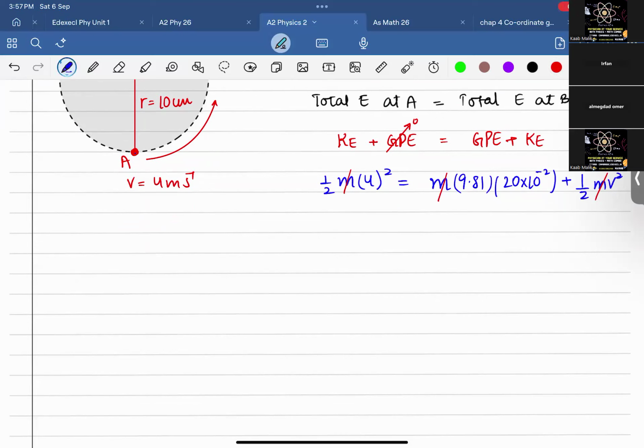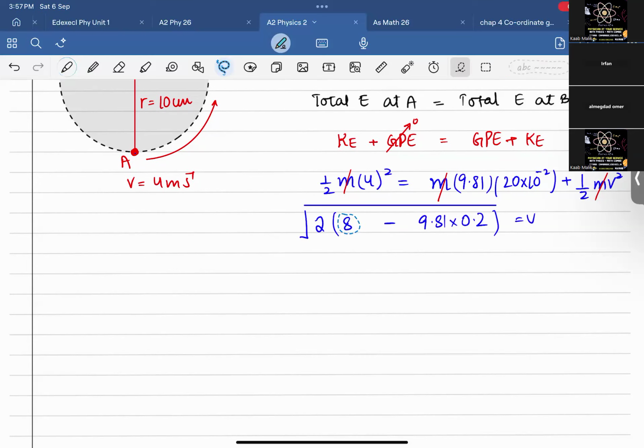So we are left with 4 squared, 16 divided by 2 gives me 8, equals 9.81 into 0.2. Or I can take it to the other side, negative 9.81 into 0.2. Then I have to times it by 2 and root the whole thing out. That gives me the velocity at that point.